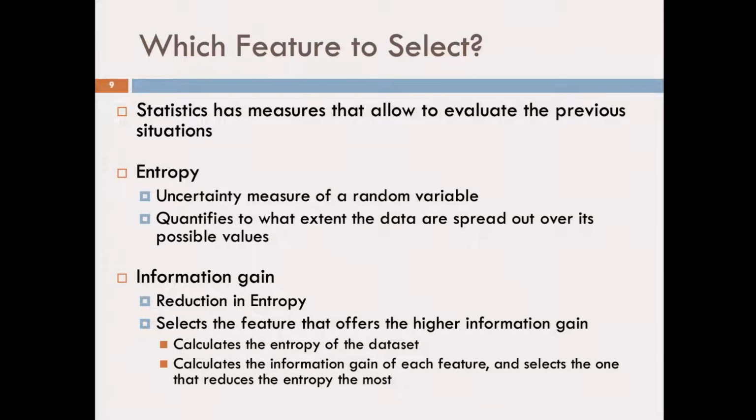When we get our data set, we calculate the entropy of the data set, then we get a feature and see how this feature separates the data. Then we calculate the entropy of the subsets to see if, when I select a feature, it reduces the entropy of the data set. Okay? Questions?